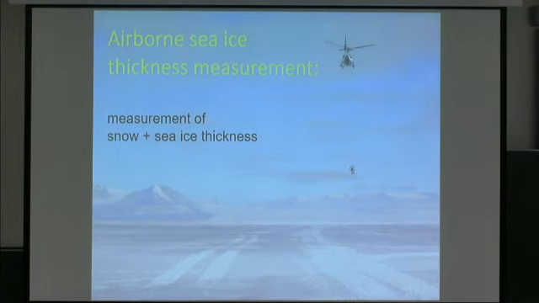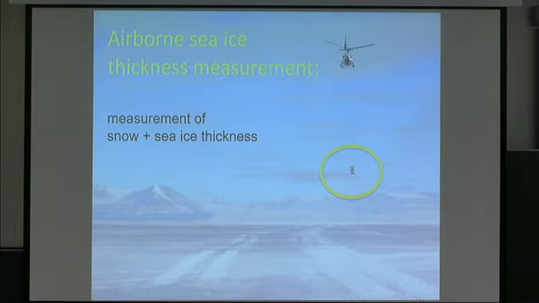So let's make some measurements by airborne electromagnetic induction sounding. Now, these techniques have been used for many years to measure sea ice thickness. Actually, what you get is snow plus sea ice thickness. And the way it works in principle is this.